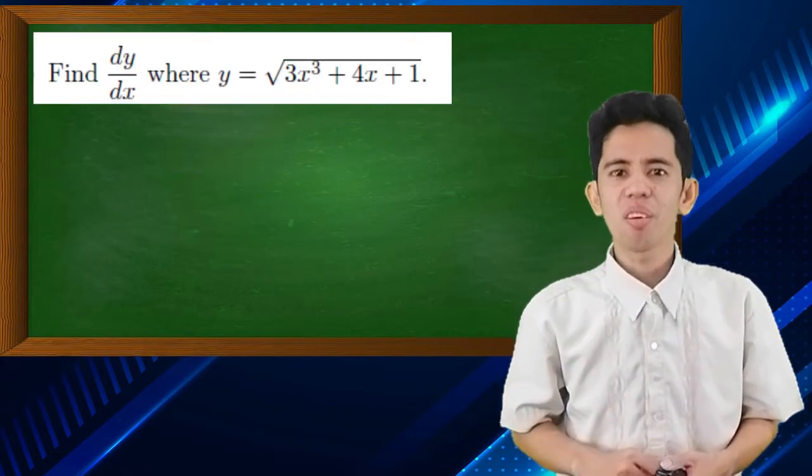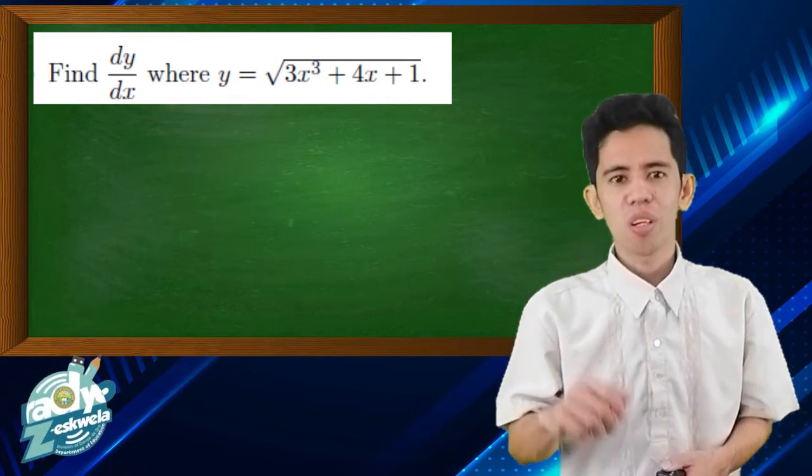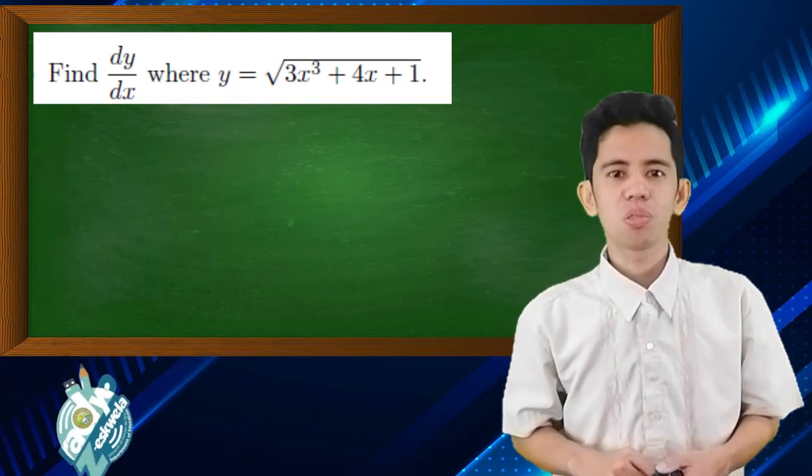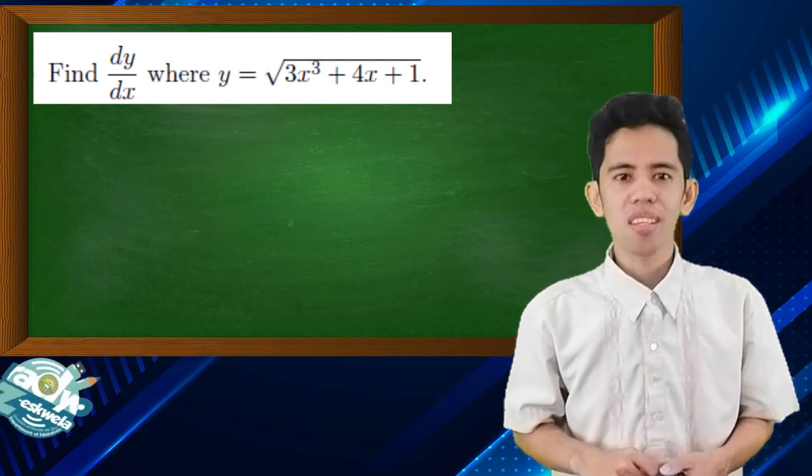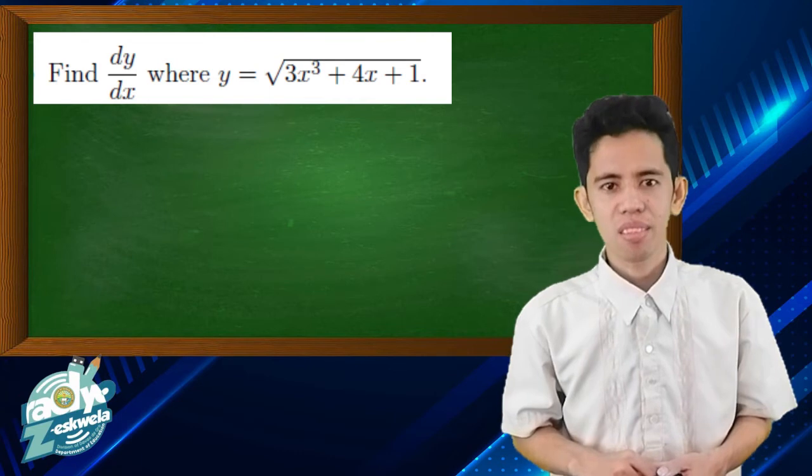Find dy over dx, where y is equal to square root of 3x cubed plus 4x plus 1.